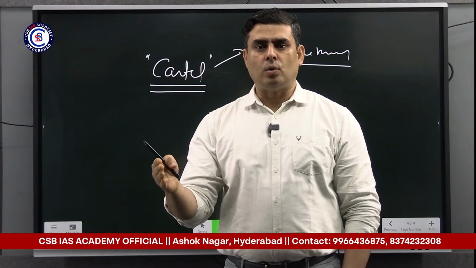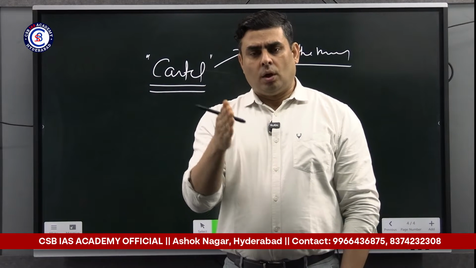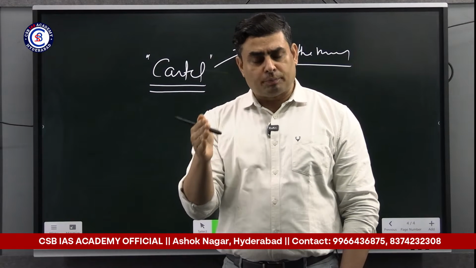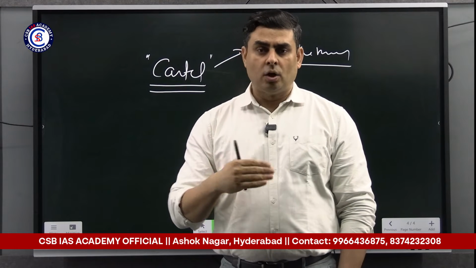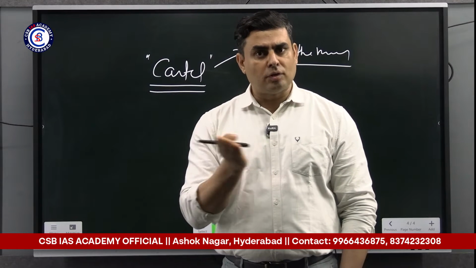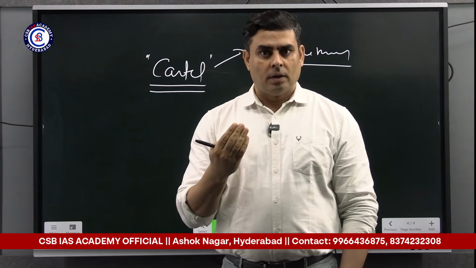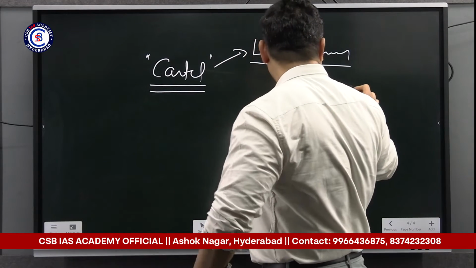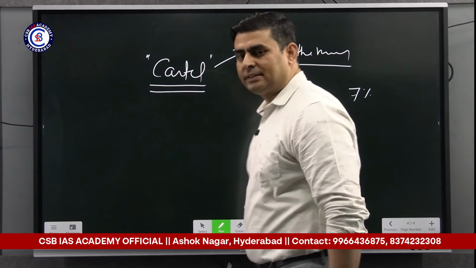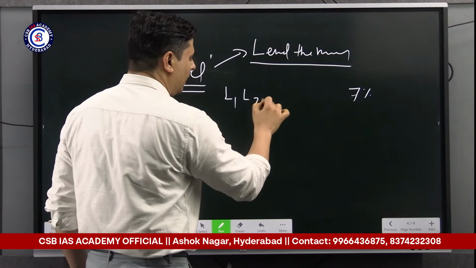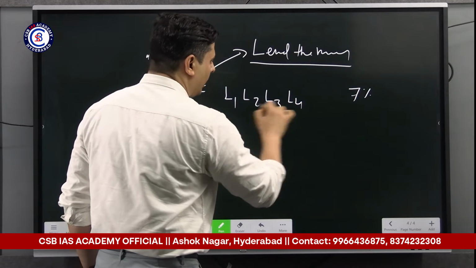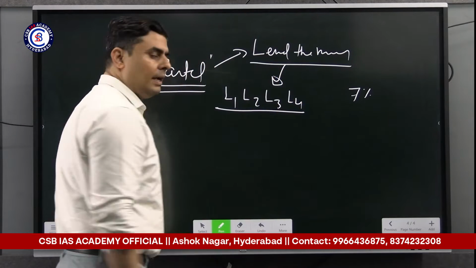So RBI found that in 1992, certain banks, especially those banks who have the capacity to lend, also formed a cartel. For example, in that example, I gave the interest rate of how much? 7%. So suppose there are 4 banks, L1, L2, L3 and L4, and they are in the capacity to lend the money.